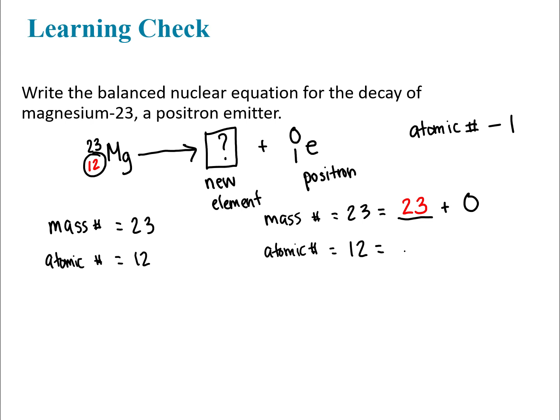For the atomic number, we've got our new element, whatever that atomic number is, plus 1. That 1 is from the positron. To figure out the atomic number for our new element, you subtract the 1 from 12. That should give you 11.